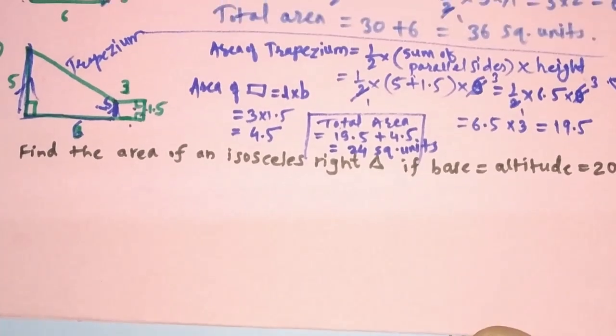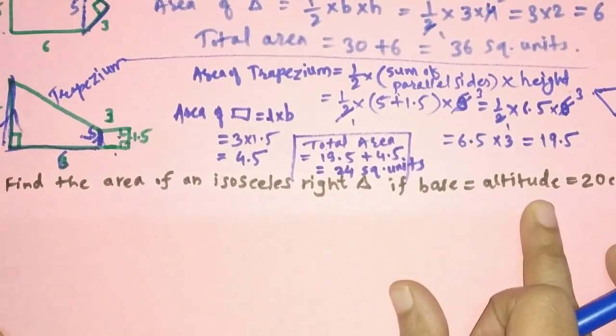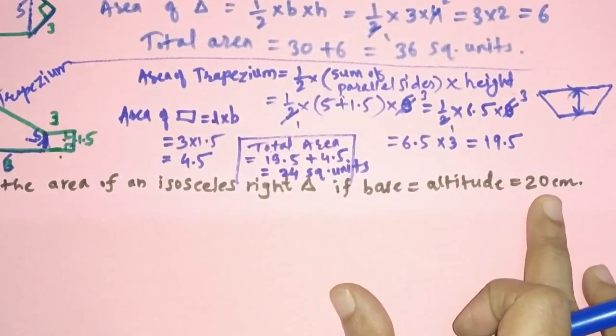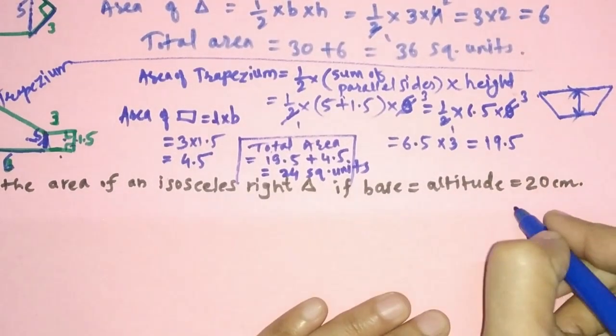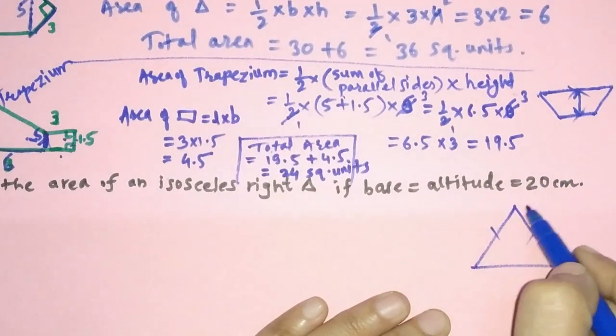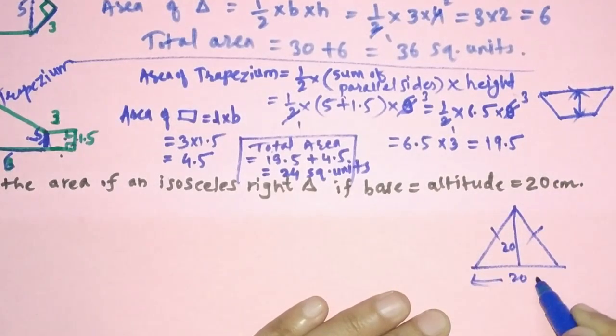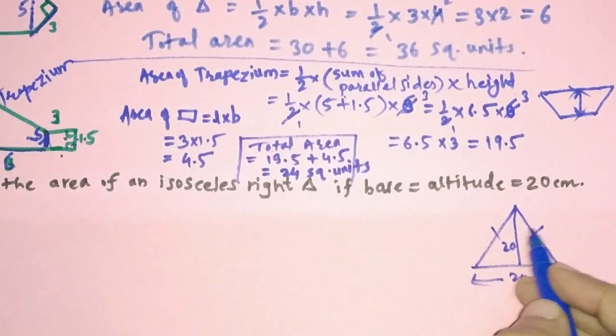Now the next question is: find the area of an isosceles right triangle if the base and altitude both are 20 centimeters. So I will draw the diagram first here. Suppose this is an isosceles triangle and the height is 20, and the base is also 20. Okay, isosceles, two sides are equal.